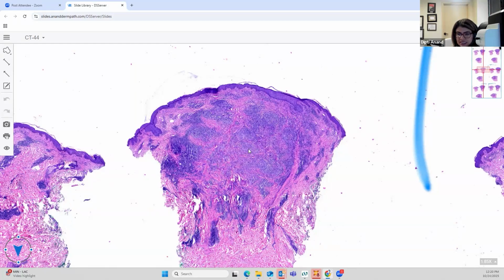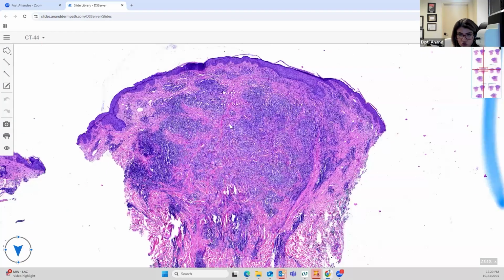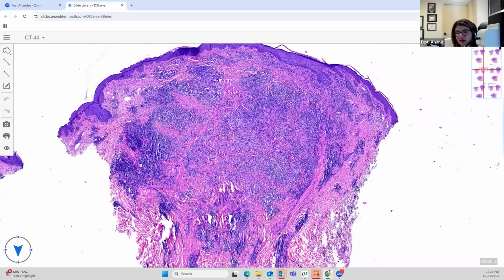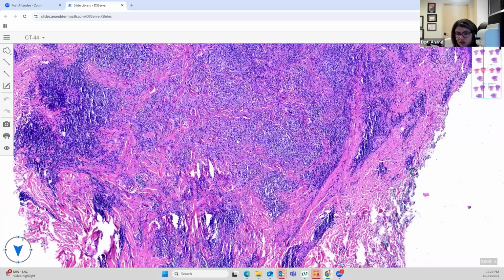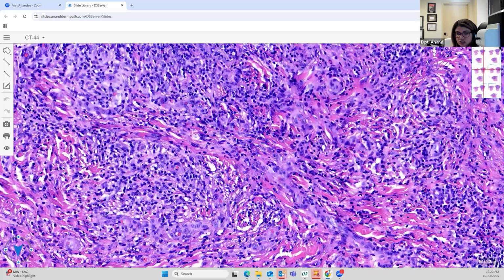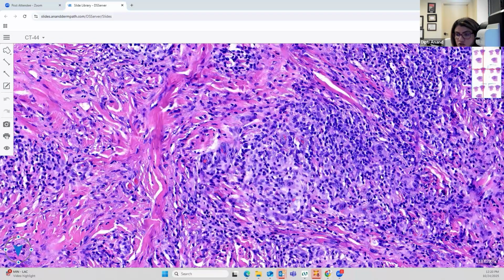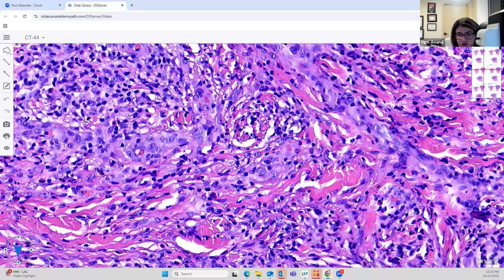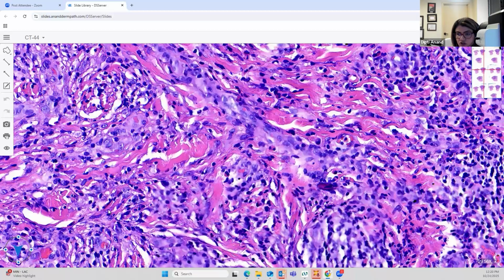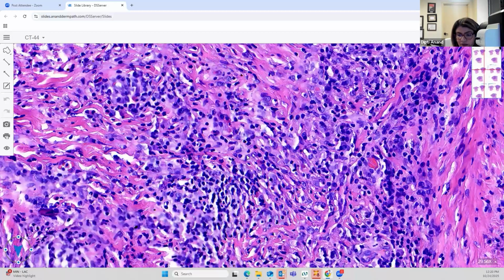With a little paleness in the center, this on low power should immediately make you think about an arthropod bite. Then you go up on high power in that pale area or even outside it, do you see all the eosinophils in the infiltrate? There are lots of eosinophils in the infiltrate. You see that? So this is the pattern of an arthropod bite reaction.